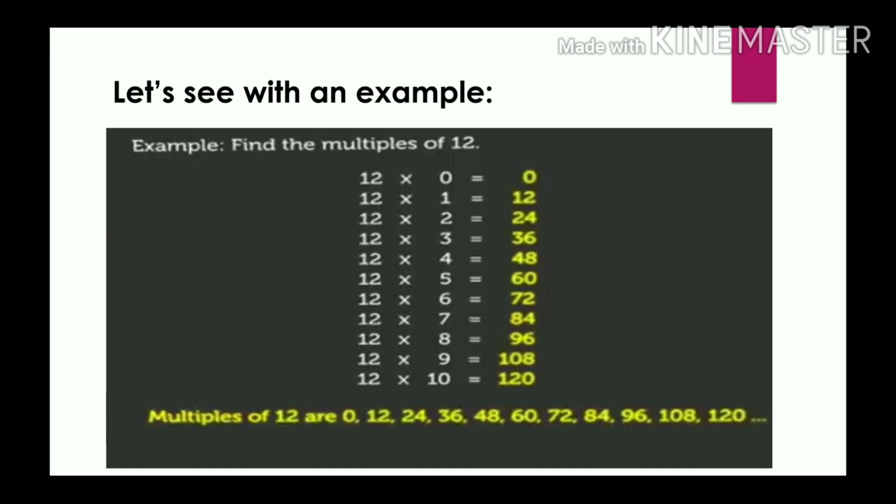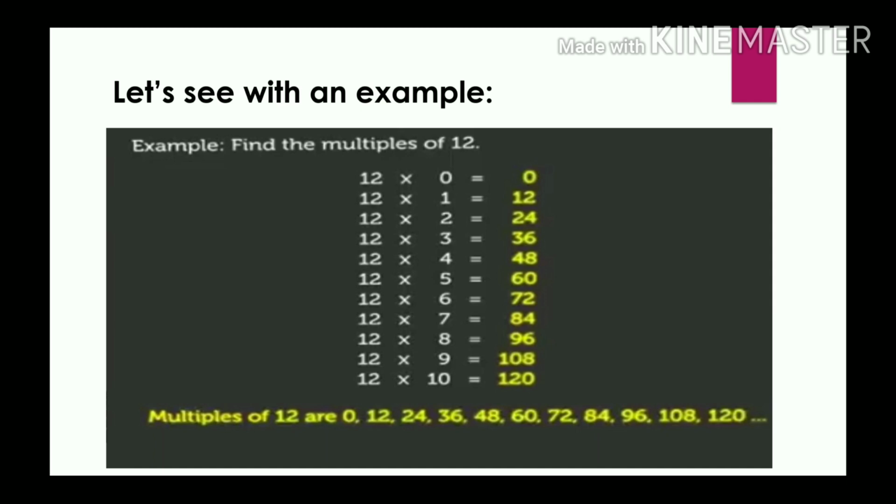12 multiplied by 7 is equal to 84. 12 multiplied by 8 is 96. 12 multiplied by 9 is 108. 12 multiplied by 10 is 120, and so on.